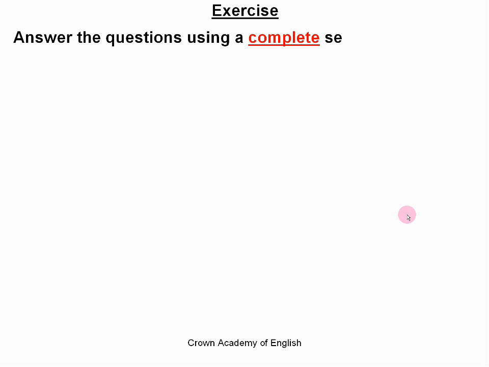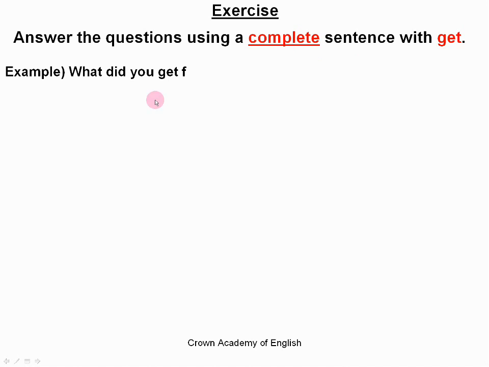Okay, exercise. Answer the questions using a complete sentence with the verb get. This is important. I want you to write a complete sentence. I do not want one-word answers. Okay. Example. What did you get for your birthday?